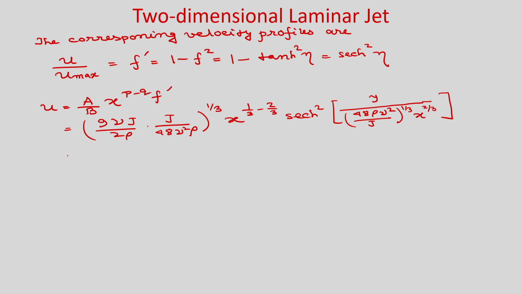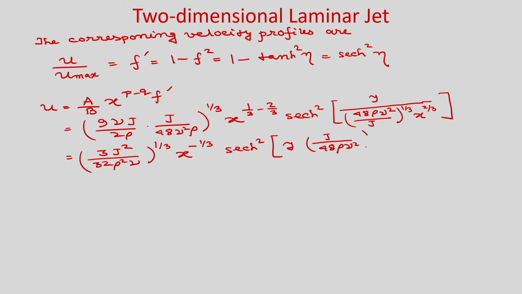If you simplify it, you will get (3 j square divided by 32 rho square nu) to the power 1 by 3, x to the power minus 1 by 3, sech square of y times (j divided by 48 rho nu square) to the power 1 by 3, x to the power minus 2 by 3.